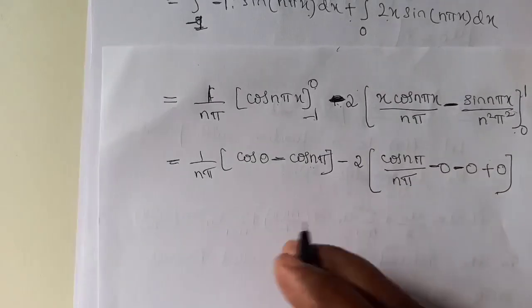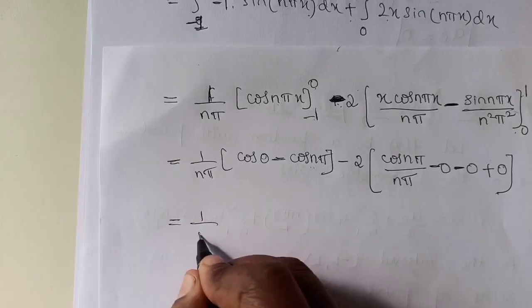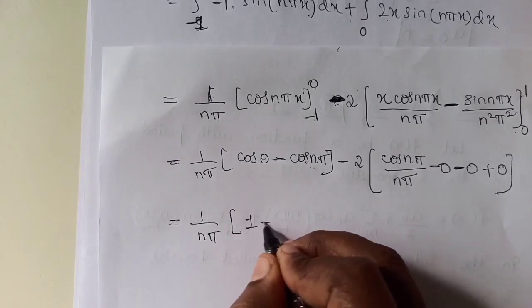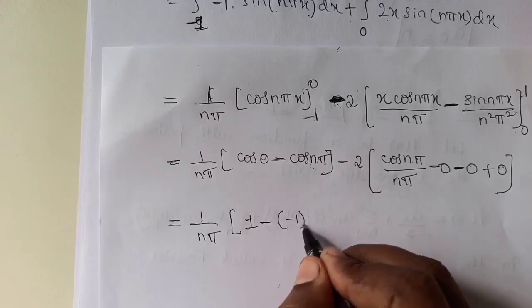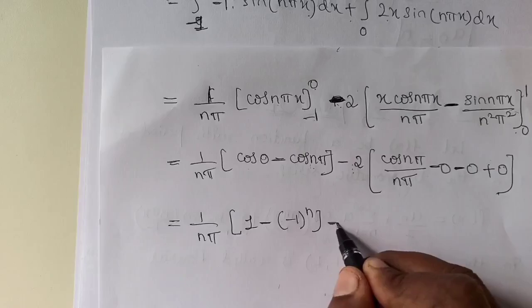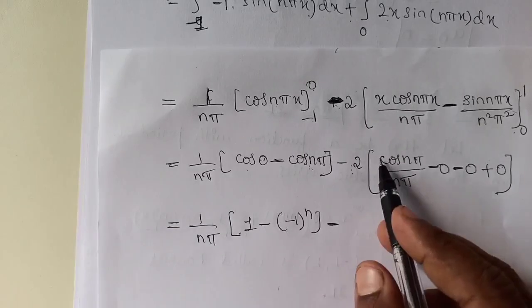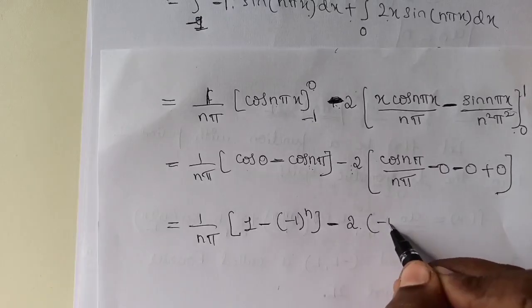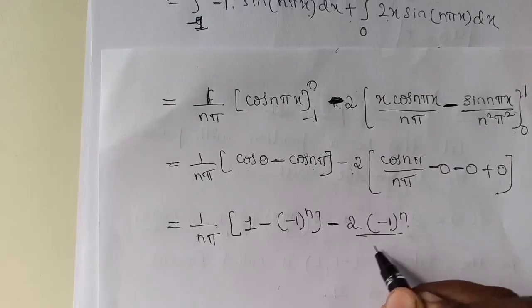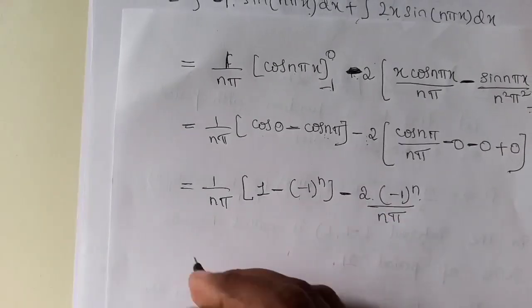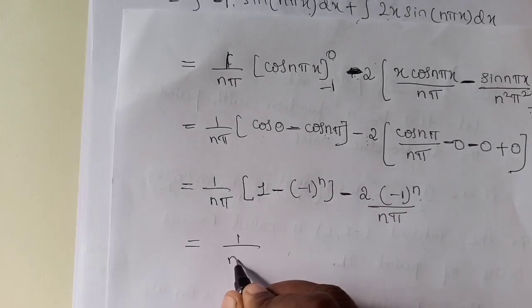So further simplifying we get 1 by n pi, cos of 0 is equal to 1, this one is minus 1 power n, here we get minus cos of n pi, which is again minus 1 power n, divided by n pi. In these two cases n pi is common, so 1 by n pi can be taken outside.